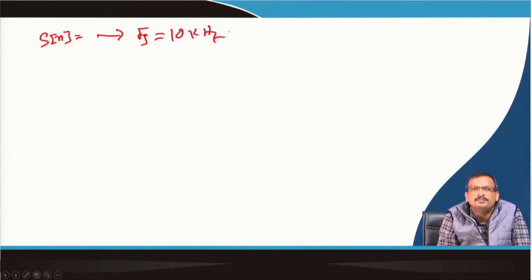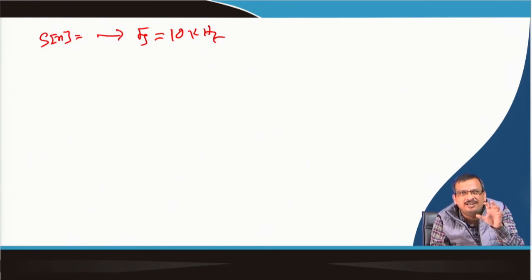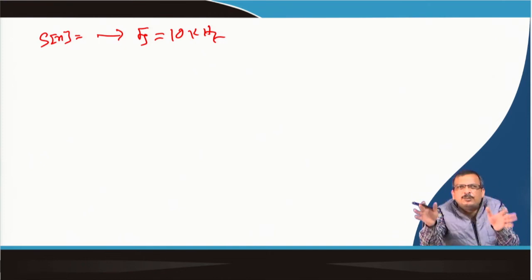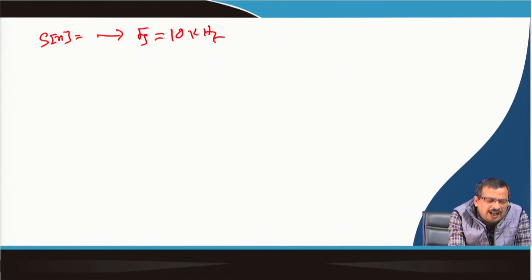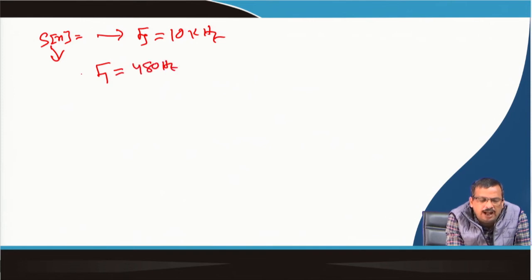So, I have a digital signal, it may be speech, and it has a sampling frequency of 10 kilohertz. After analyzing the signal, I found sn has a formant frequency F1 of 480 hertz, and the first formant has a bandwidth of 100 hertz.